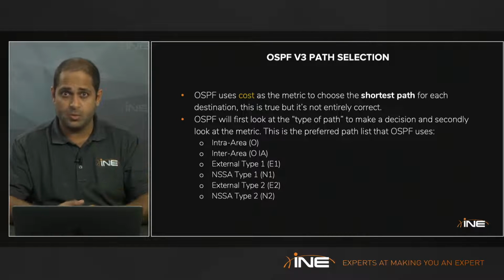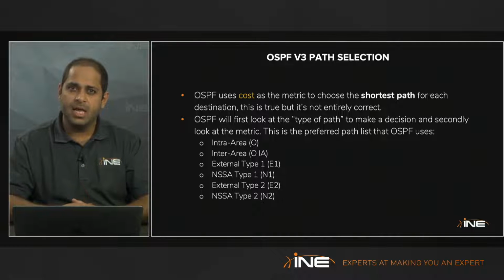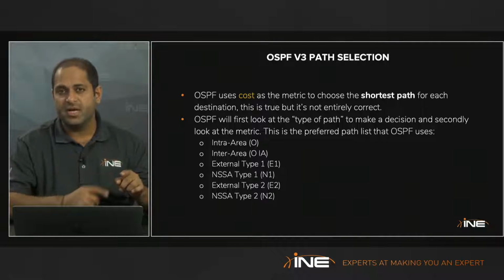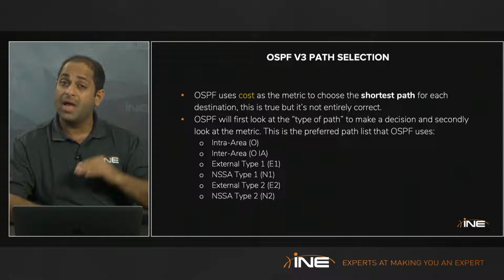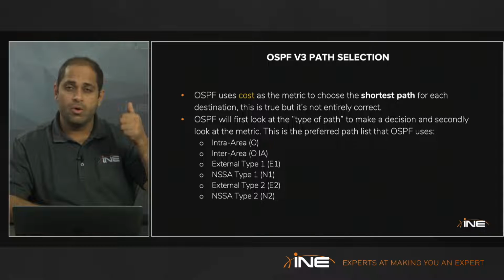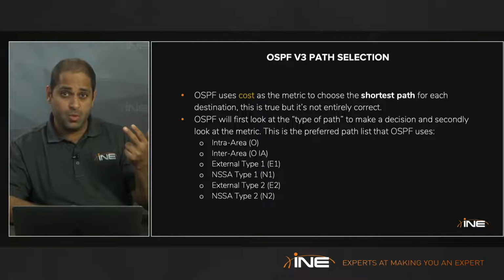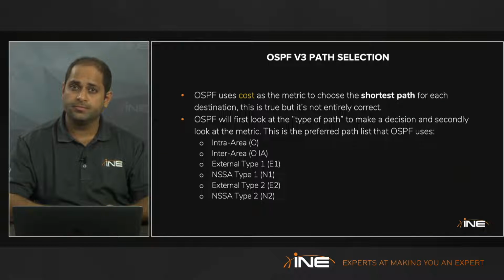The AD is always 110, whether it's a local route, an inter-area route or an external route. If that is the same, as per the old RFC, it was always OIA, E1, N1, E2, N2. But as per the new RFC, it is OIA, then N1, E1, N2, and then E2.